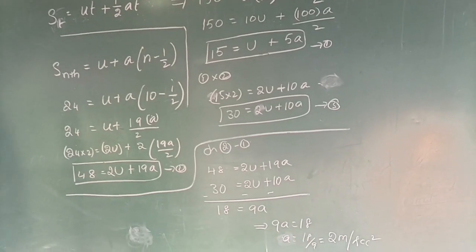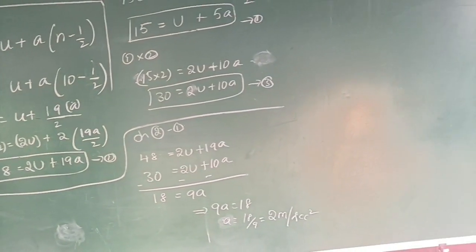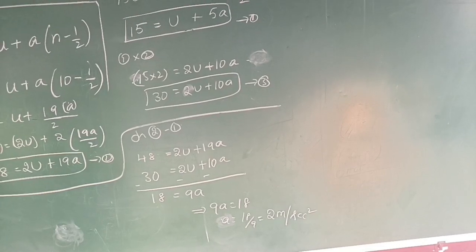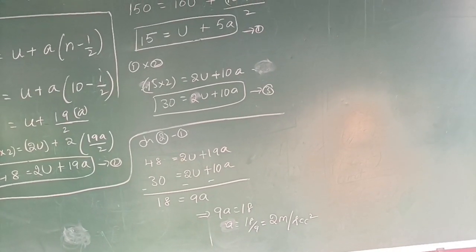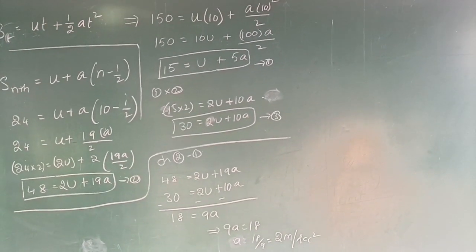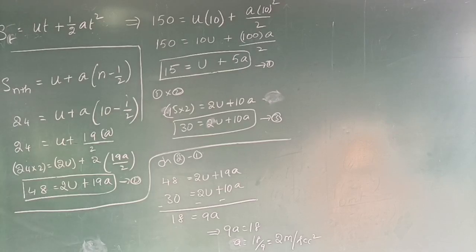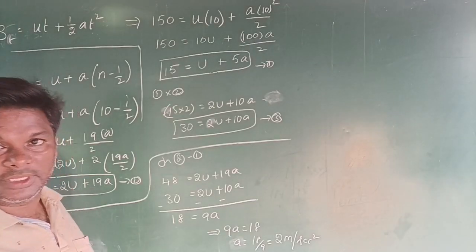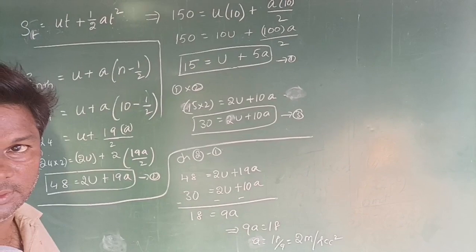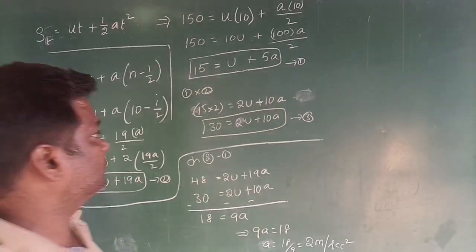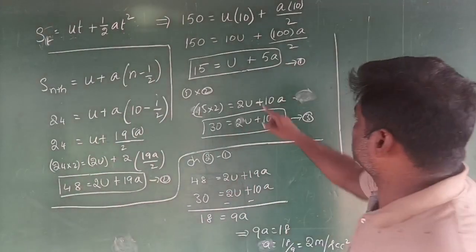Observe that calculation. If you are unable to follow this calculation, send me a screenshot. I will explain it to you. Got it? Now you can substitute this value in any one equation, you will get the value of u. Can I go for equation 1?